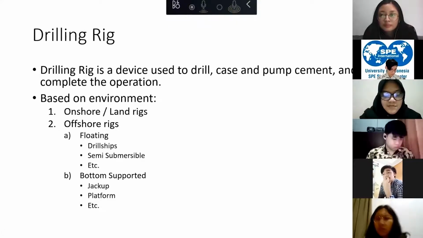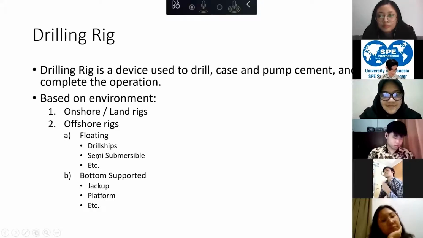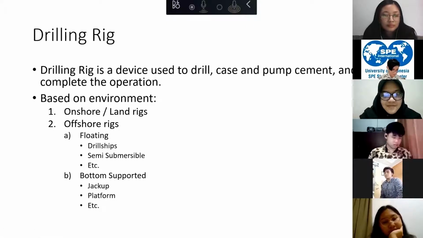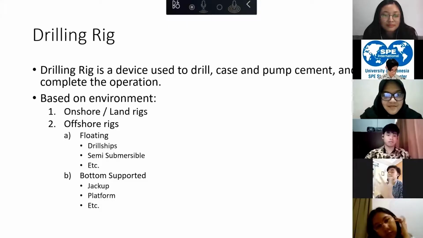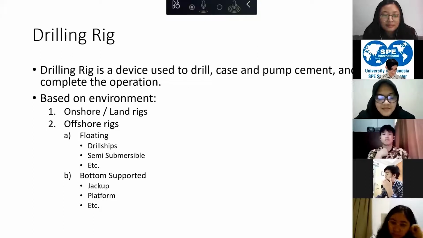As for the floaters, there are drill ships, semi-submersibles, dynamic position semi-submersibles, and fixed or anchored semi-submersibles. As for the bottom support, we have jackup rigs, platforms, gravity base, and some more.